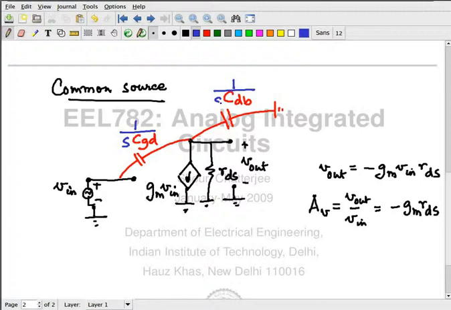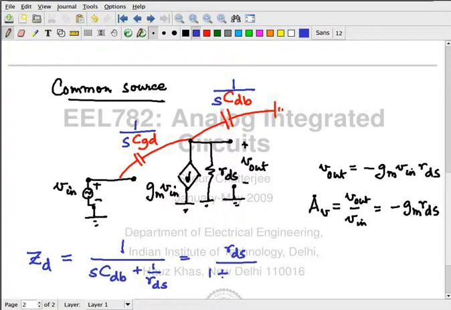So can I lump them together? I can lump them together. I'm going to call it Zdrain, and I'm going to lump them together.